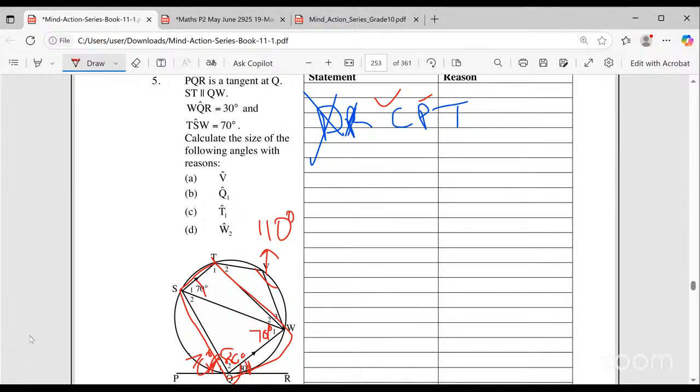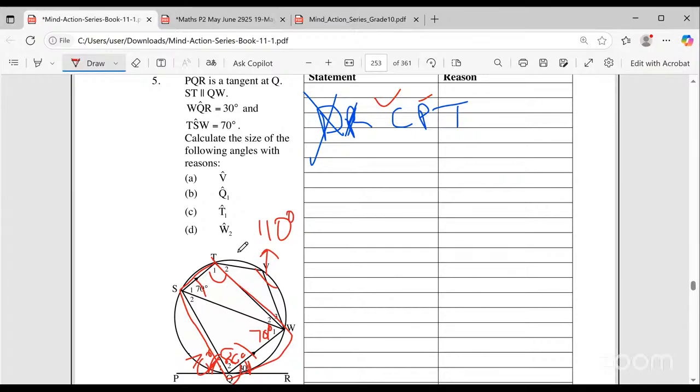Then, if you guys agree that this is a cyclic quad, then this is opposite this. And now, what is going to be the size of angle T1, guys? 100. Absolutely correct. Reason being, opposite angles of a cyclic quad are supplementary.